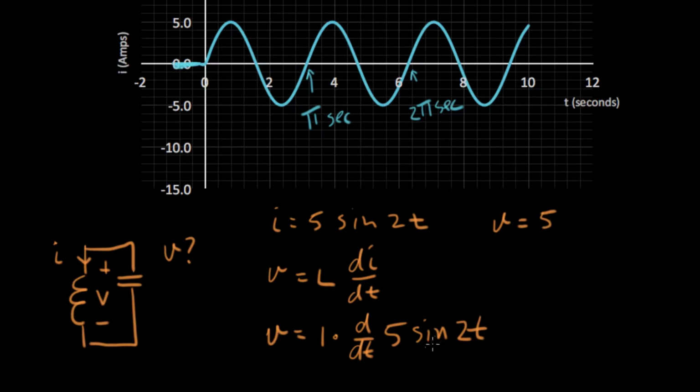The derivative of sine of 2t is 2 times cosine of 2t. All right, so our voltage solution is 10 times cosine 2t.